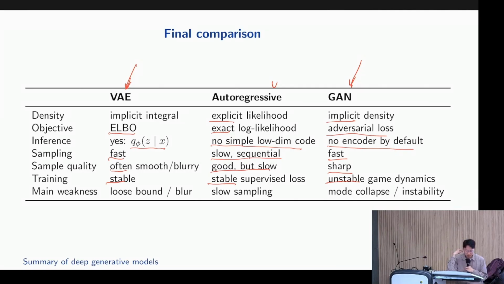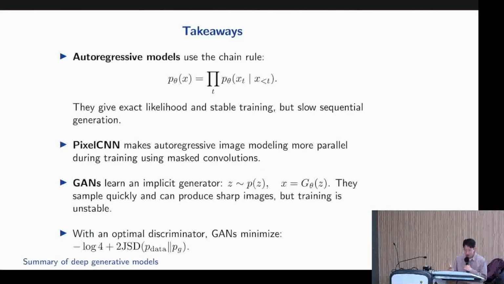And main weakness is it tends to create blurry images, and sampling is slow here, and there's a mode collapse, so the variability of the generated outcome might be not so great. And the takeaways, autoregressive models they use basically probability chain rule and use the models to predict a pixel given all the past.